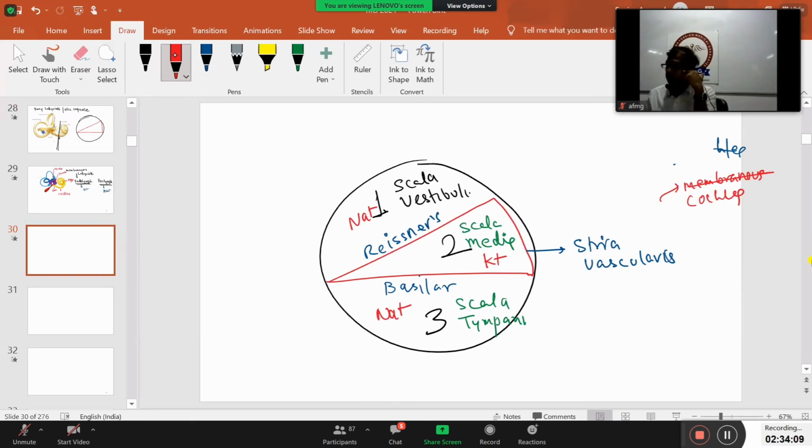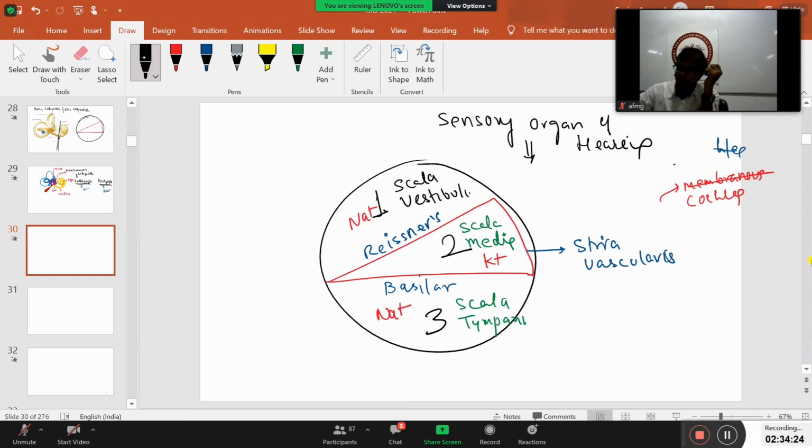But in the cochlea, for hearing, the most important thing that you need is the sensory organ of hearing. What is sensory organ of hearing also called? Organ of Corti.